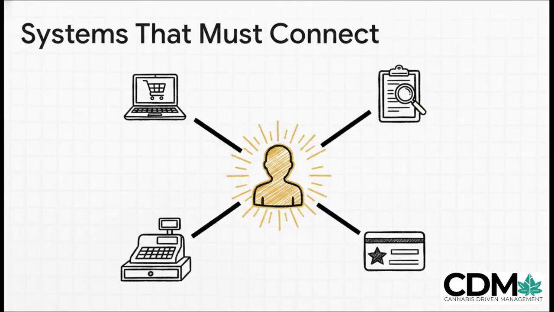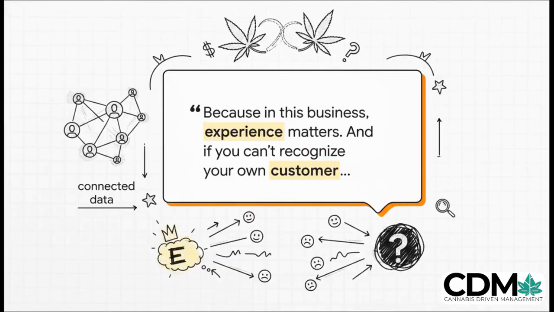So the takeaway here is that all these key systems have to be in sync. We're talking about your e-commerce site, your point of sale at the counter, your compliance software, and for sure, your loyalty program. Each one holds a critical piece of the customer puzzle, and you've got to connect them to see the whole picture. Because really, it all boils down to this. The cannabis market is ridiculously competitive, right?